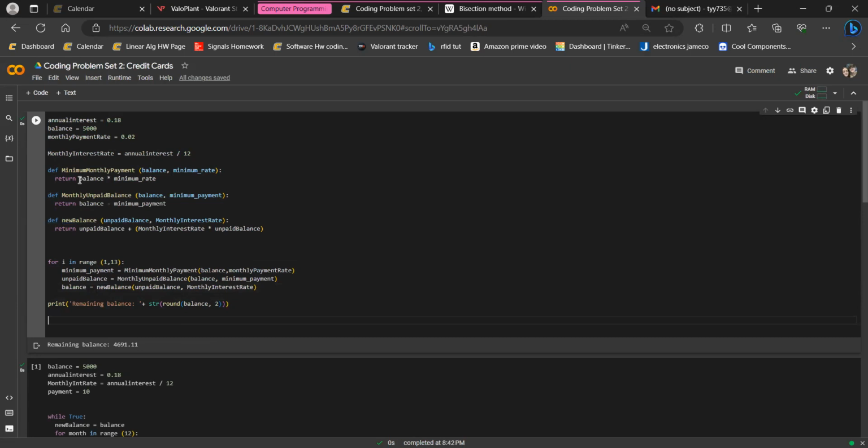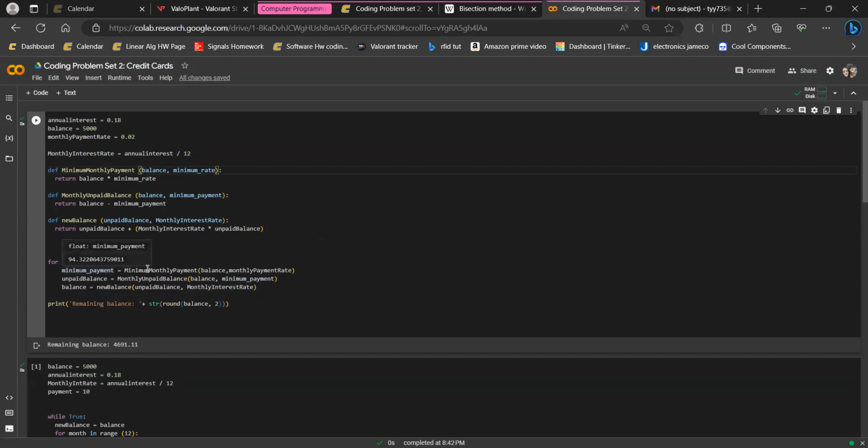And the return formula is balance times that minimum rate. And our minimum rate that we're inserting into this formula is the monthly payment rate, which is 0.02. So it doesn't even have to be the same kind of variable name. It's just whatever you're putting in there, that's the formula they're getting back. But it uses this value for this variable. It doesn't use whatever this is.